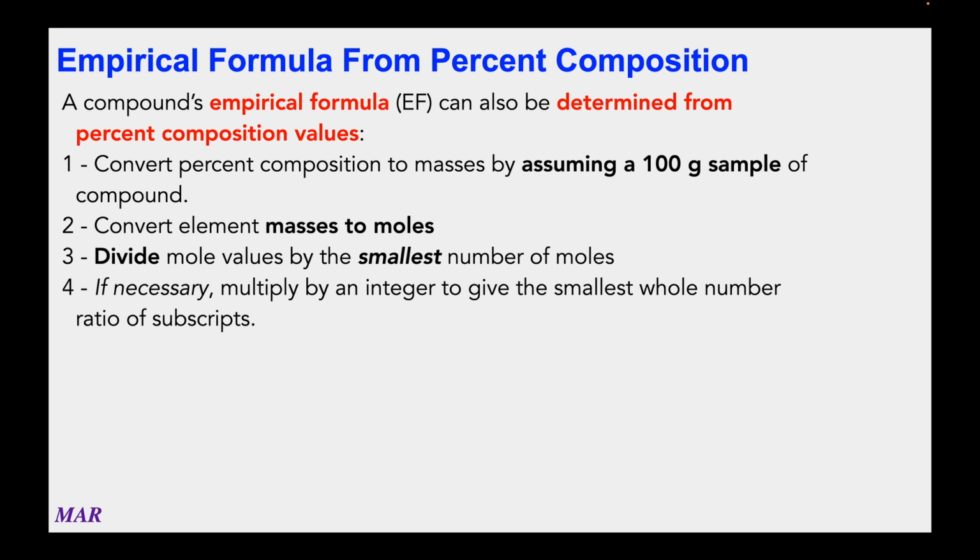First of all, if you have percentages, what I would do is assume you have 100 grams total of your compound. That way your percentages become grams explicitly. I'll show you what this means in a little bit. But once you have the grams of the elements, you can turn grams to moles, divide the mole values by the smaller moles, and if necessary, multiply them all through by an integer to get whole number subscripts.